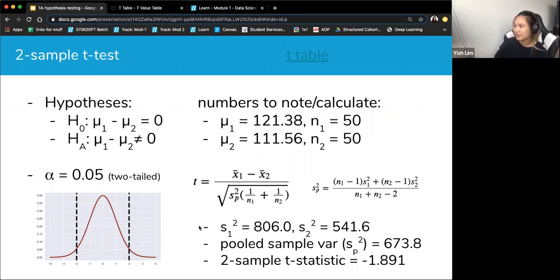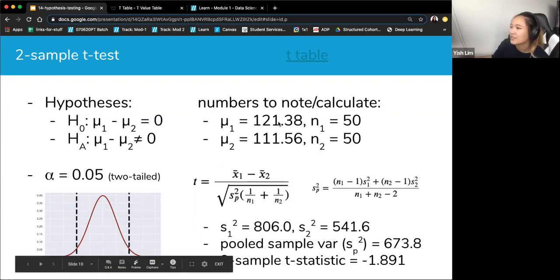All right, on the right side of this slide, we're looking at the numbers to note and numbers to calculate. This is actually taken from the labs, which gave us all of these numbers. The first line is the control group and the second line is the group that was given the drug.